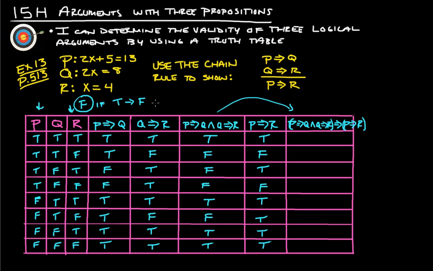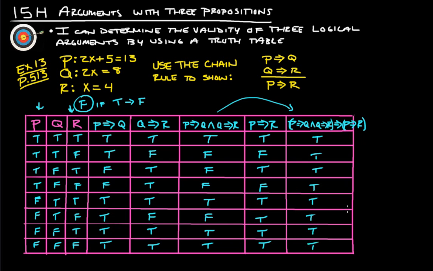Again, we're just looking for the true, false. True, true is okay. False, false. False, true. False, false. True, true. False, true. True, true. True, true. We don't have any true falses in here anyway, just double checking. So these are all true.